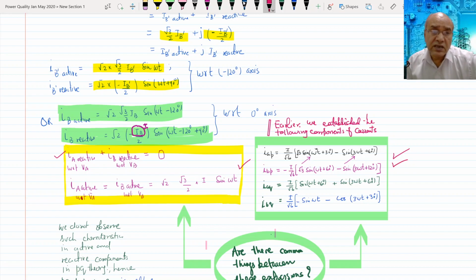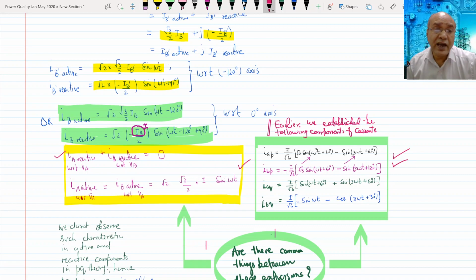But right now we see in this particular case IA active and IB active are same and their value is this much. Here if you see IAp and IBp, if we sum them, this is not equal to 0. Similarly, they are not the same actually.